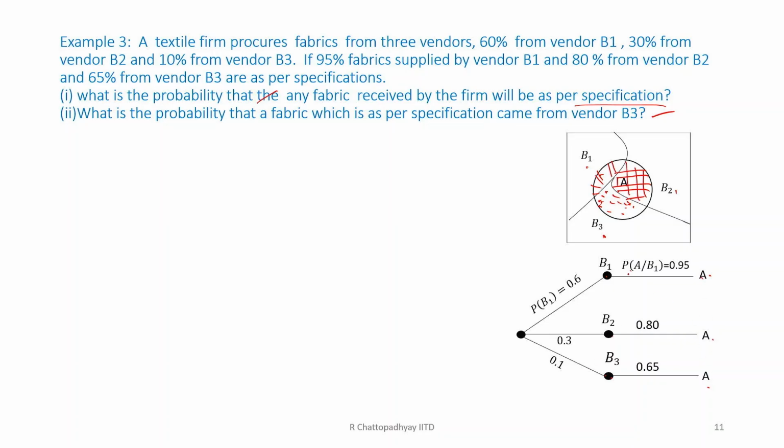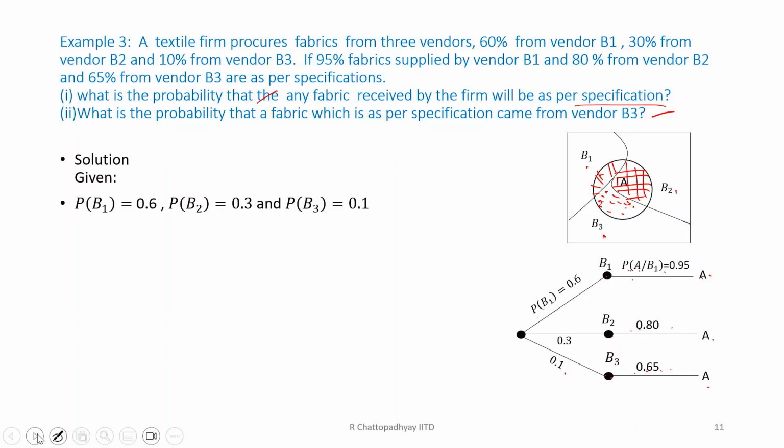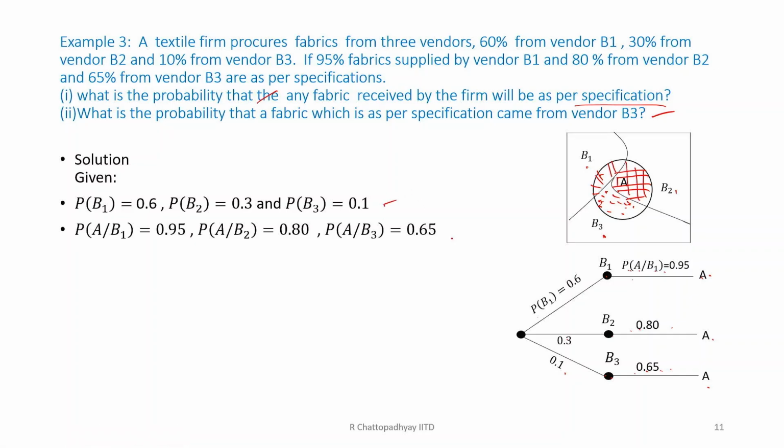This one will be represented as P(A given B1), then P(A given B2), then P(A given B3), and these values are already given here. And here P(B1), how much is coming from vendor B1, how much is coming from B2 and B3. So all these values, 60, 30 and so on, are already given. You need not do any calculations.